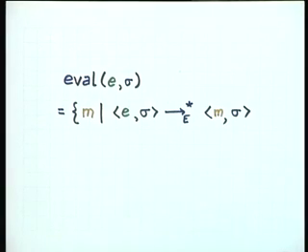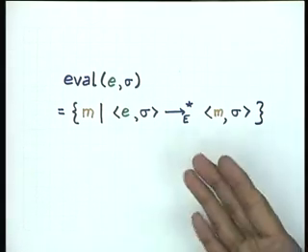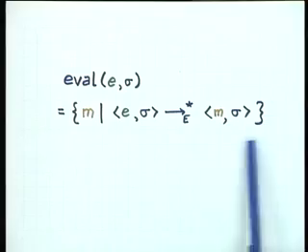In the expression language, terminal configurations are of this kind. Until you have proved it, you don't know whether expression evaluation actually terminates. Do all expression evaluations terminate? This is something that you have to prove. Supposing you haven't proved it, then you cannot assume that expression evaluations do terminate, in which case this set would be empty.